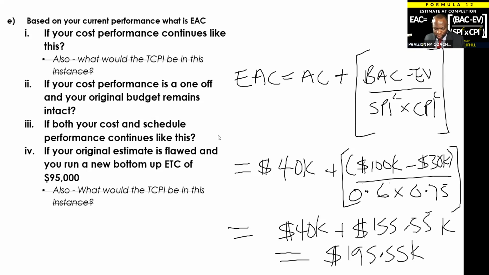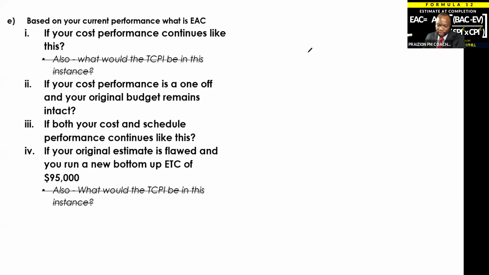Final one says, if your original estimate is flawed and you run a new bottom-up ETC of 95K, well, that one, you already know what we're going to use for it. So let me give you a reminder of the formula that's going to be used.